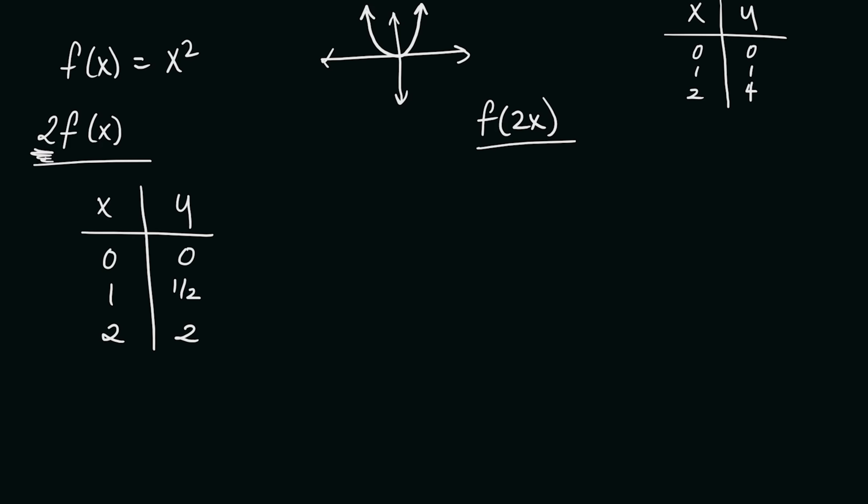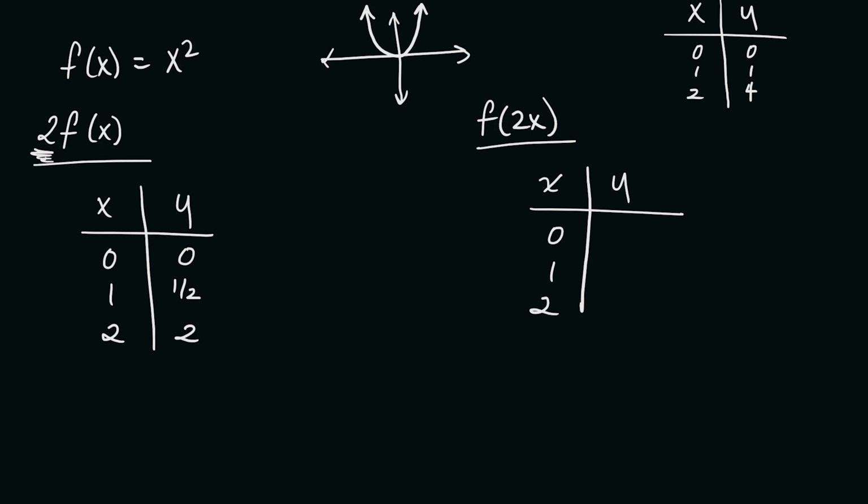And so by taking a look at these values here, we can tell that the y components have actually shrunk by half the value. Let's take a look at the horizontal shrink or stretch. Here we have the horizontal, 0, 1, 2.